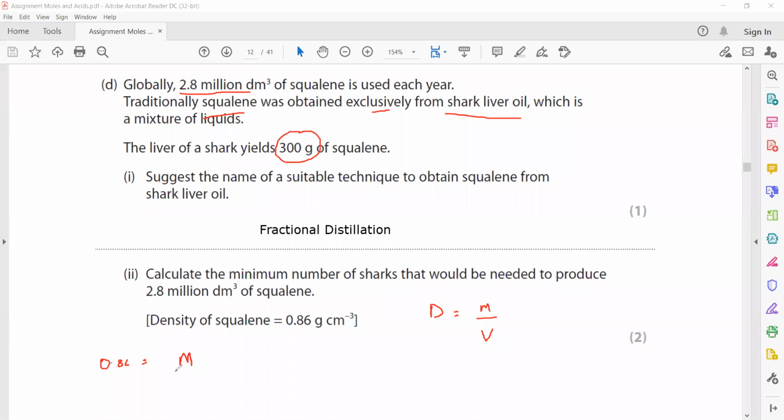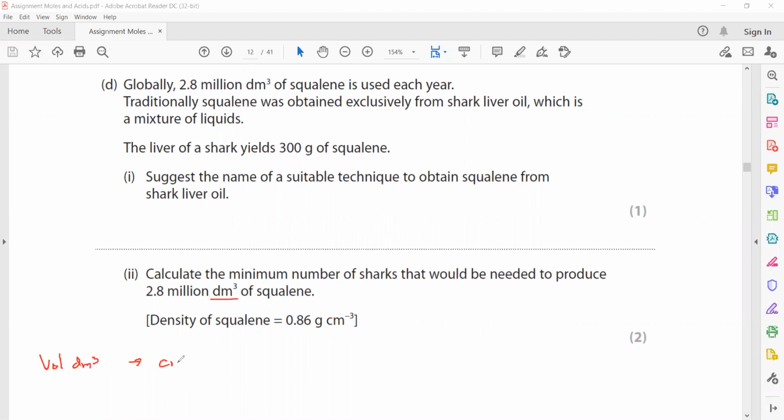The mass needed to produce 2.8 million dm cube, but you can see the density is given in gram per cm cube and the volume is given in dm cube. So first we have to convert this volume into cm cube because the density is in cm cube. So to convert the volume from dm cube to cm cube, and it is 2.8 million.